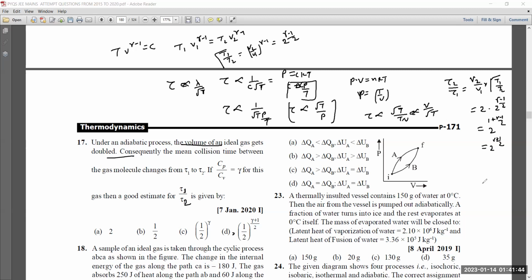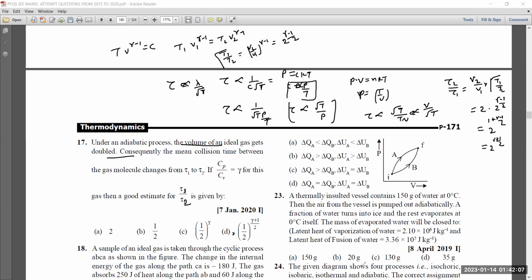Yeah, I thought that should be bonus only. But none of the options is matching, right? Yeah, none are matching. The one you have done is correct. So you can understand that these kinds of questions are not difficult. Convert into the relation of PVT eventually, and from there you can derive values.